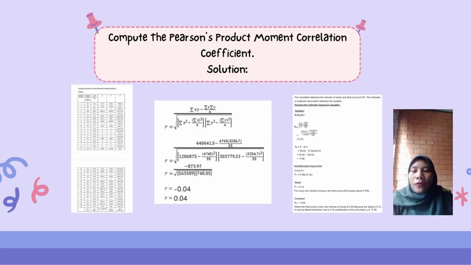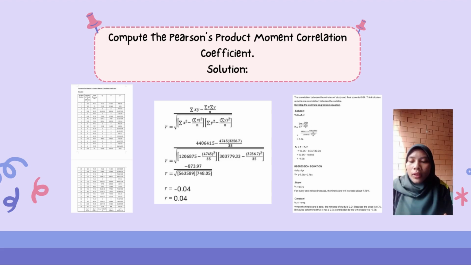X squared we get 3,03,779.3. r we get 0.04. So the correlation between the minutes of study and final score is 0.04. This indicates a moderate association between the variables.